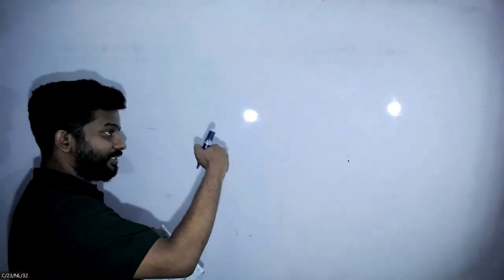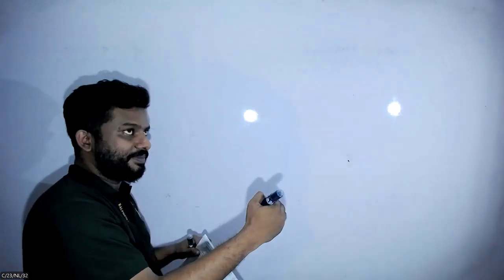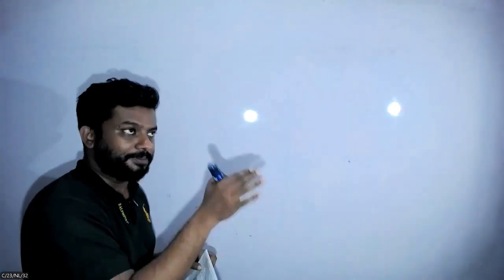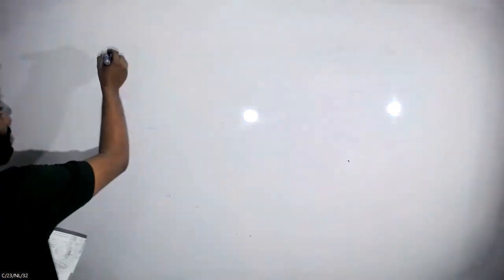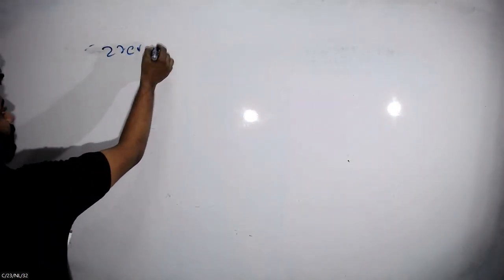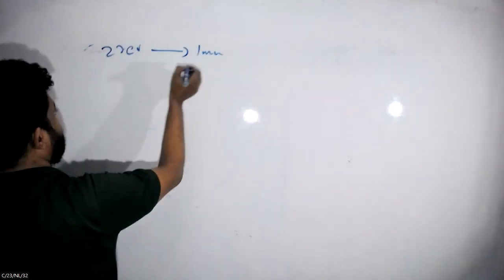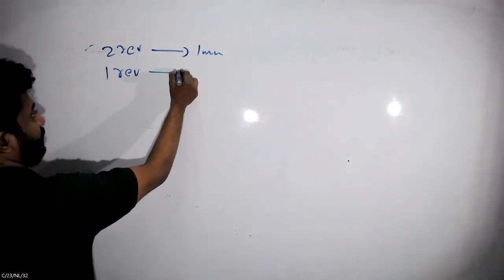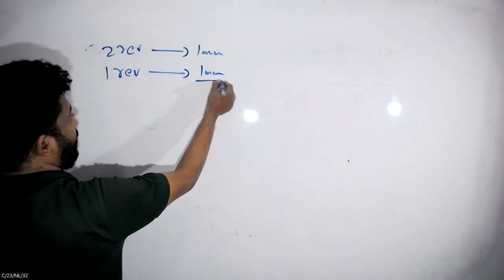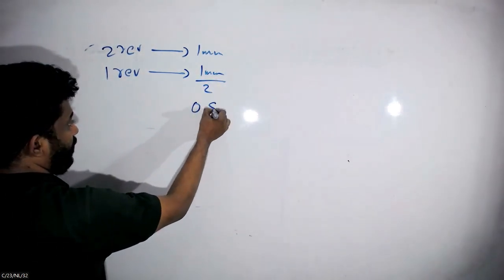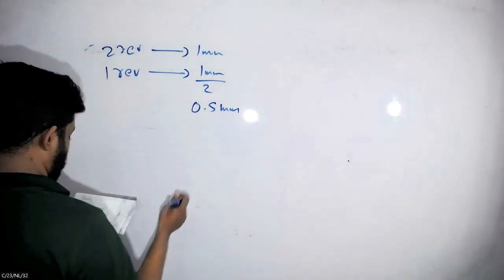The pitch is defined as the axial distance traveled by the circular scale per one revolution. So for 2 revolutions it moves 1 millimeter; per one revolution, 1 millimeter divided by 2. Therefore, the pitch is 0.5 millimeter.